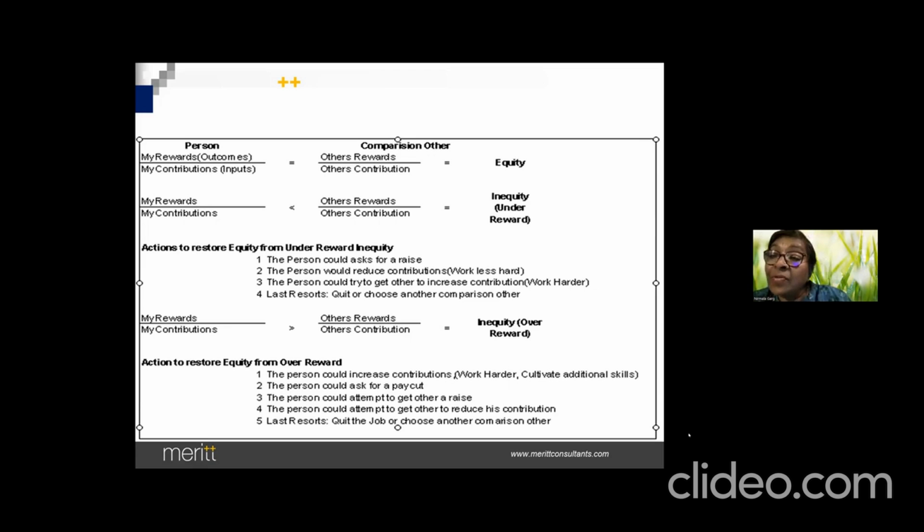It's called internal equity then. If I'm an HR manager and I'm saying, my salary is much lesser than what they're paying in the market, what did you do? You are comparing the HR manager's salary to the market. That's called external equity.